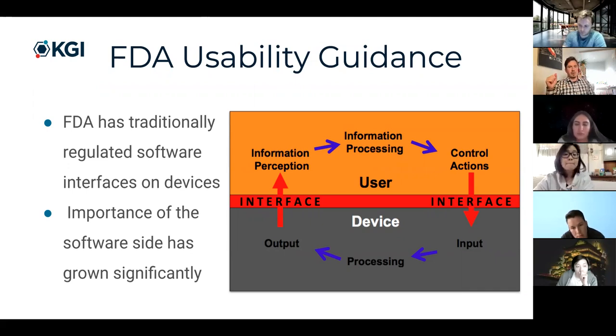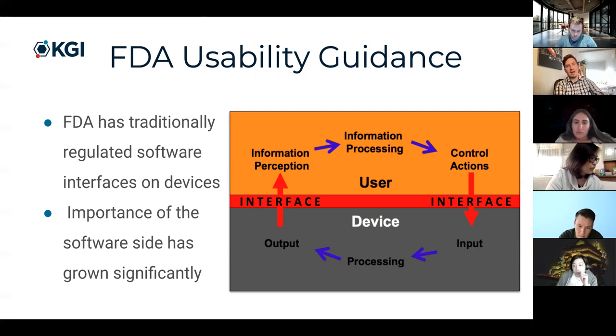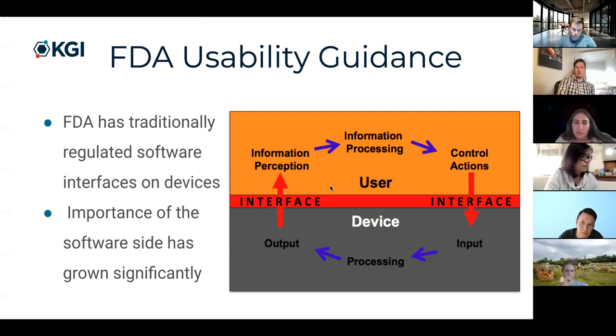The importance of the software side has obviously grown significantly. Devices have become a lot more complex, and so the amount of involvement that the FDA has wanted to have in these software sides of medical devices has grown. They like to look at it in terms of this interface between a user and a device. A device takes inputs that it processes into outputs, right?